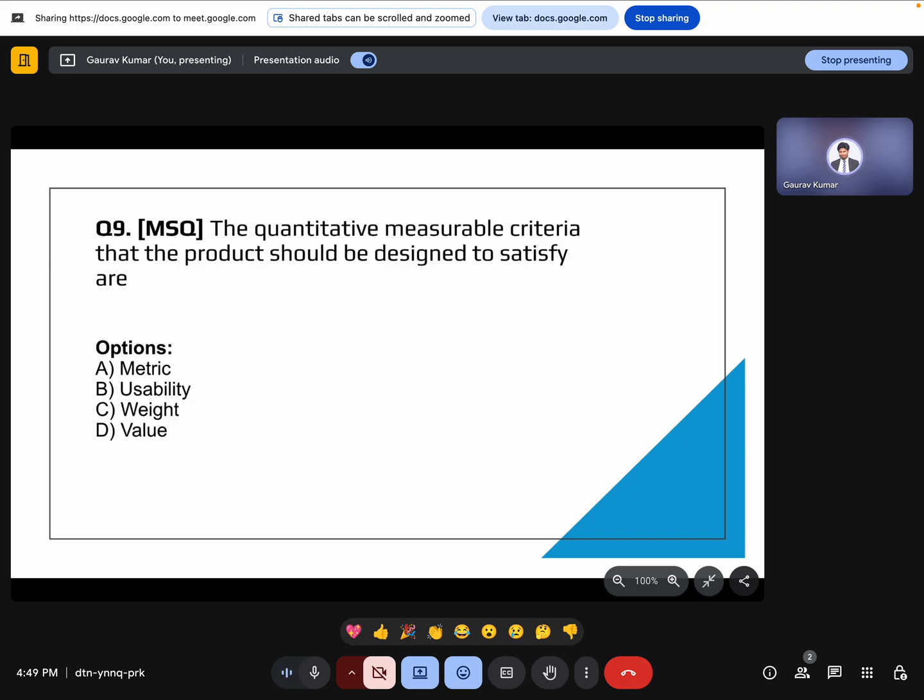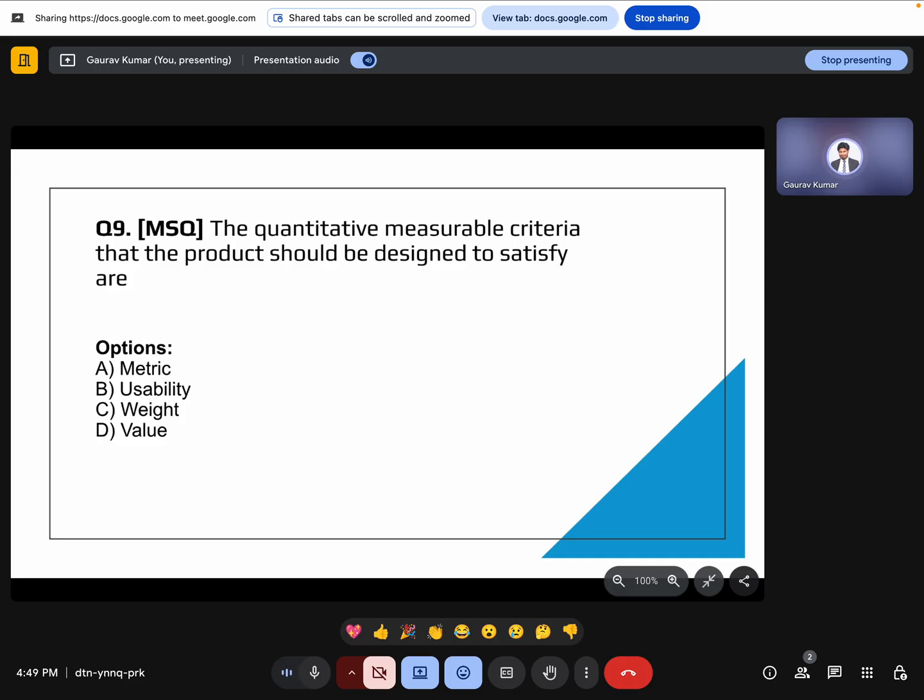These criteria are always expressed as a metric and a corresponding value. So the correct answers are metric and value. A metric is what is measured, such as weight, and the value is the target, such as less than or equal to 1.5 kg. Together they turn abstract needs into testable promises.